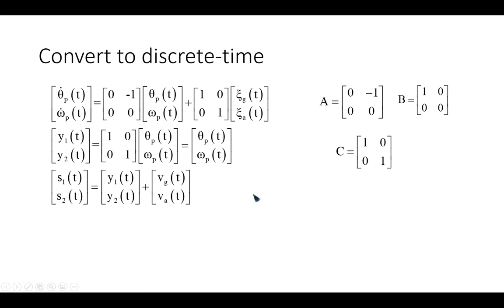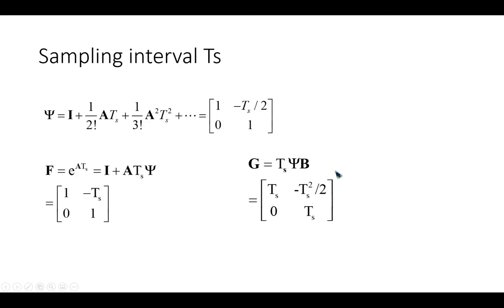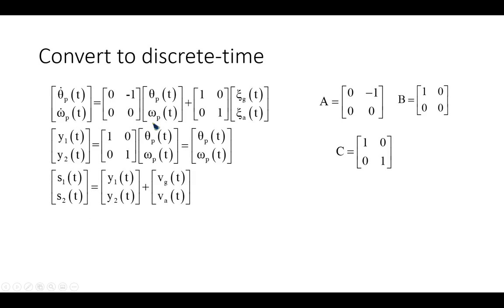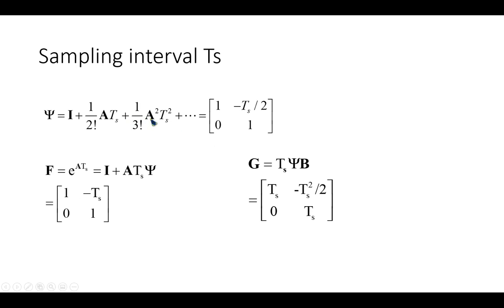If we convert it to discrete time, we've got A is equal to that, B is equal to identity, and C is equal to the identity. It's particularly simple. How we do it, we use that power series thing for a particular TS, it doesn't matter what it is. We see very easily, just for this particular example, because it's got a very simple A matrix, it doesn't work for all problems, that once you start squaring it and cubing it, the value is 0 all the time.